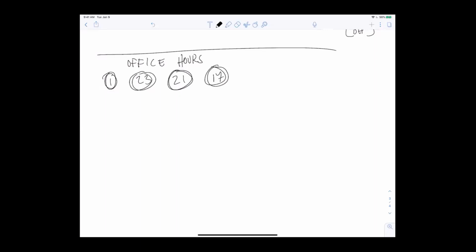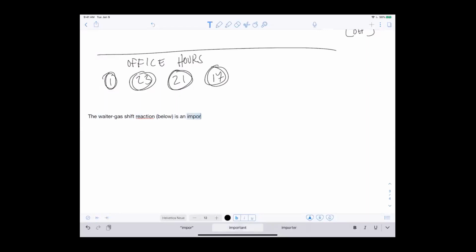All right, so the first problem is, let's see. It says the water gas shift reaction below is an important industrial process for the production of various petrochemicals.